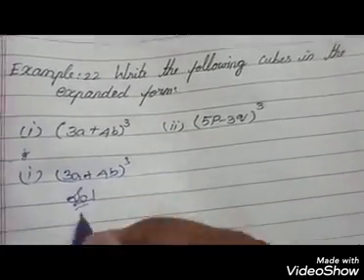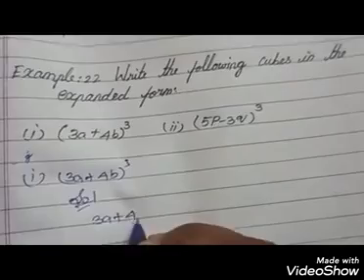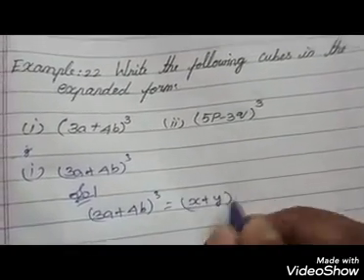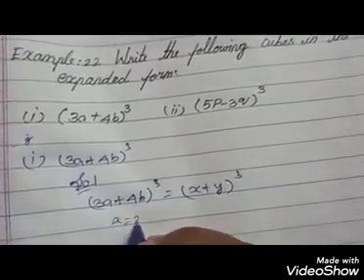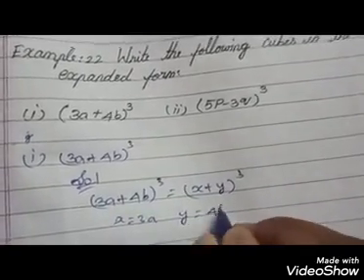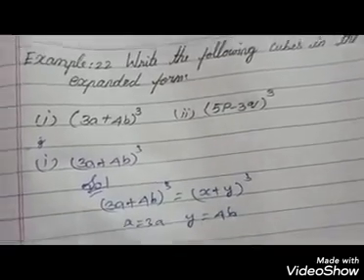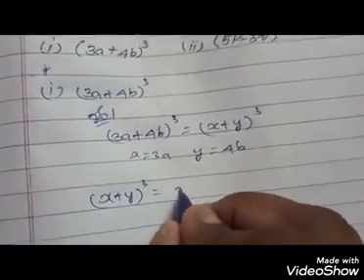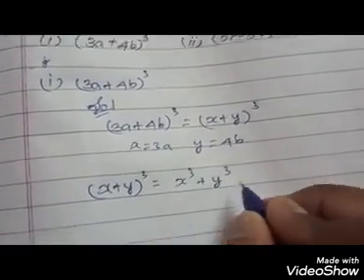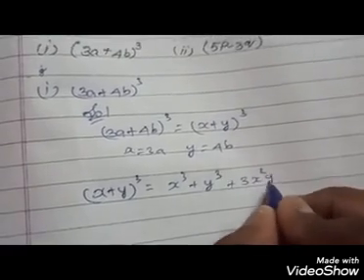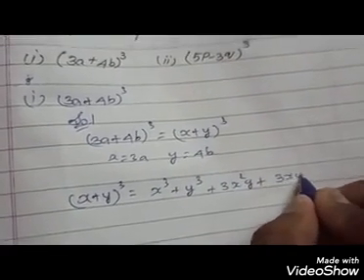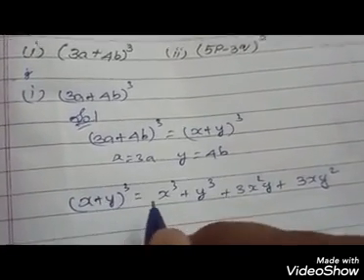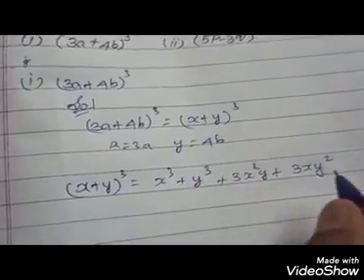Solution. Now you see, 3a plus 4b the whole cube is equal to x plus y the whole cube. Here x equals 3a, y equals 4b. That's all. Now you have to expand it. x plus y the whole cube is equal to x cube plus y cube plus 3x square y plus 3xy square. In the same way, we have to substitute the values of x and y and follow the expansion.